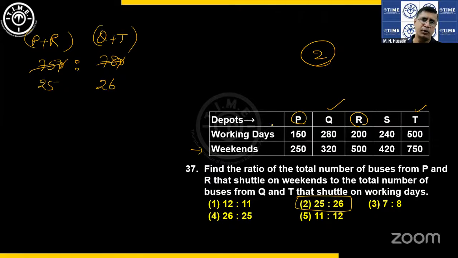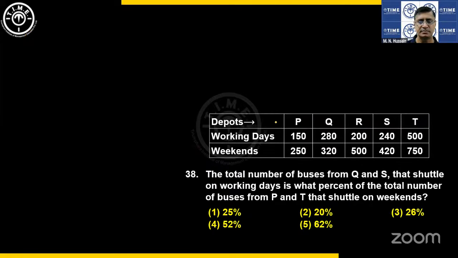Look at the next example on your screen. The total number of buses from Q and S that shuttle on working days. What is the sum of these two numbers? 280 and 240.